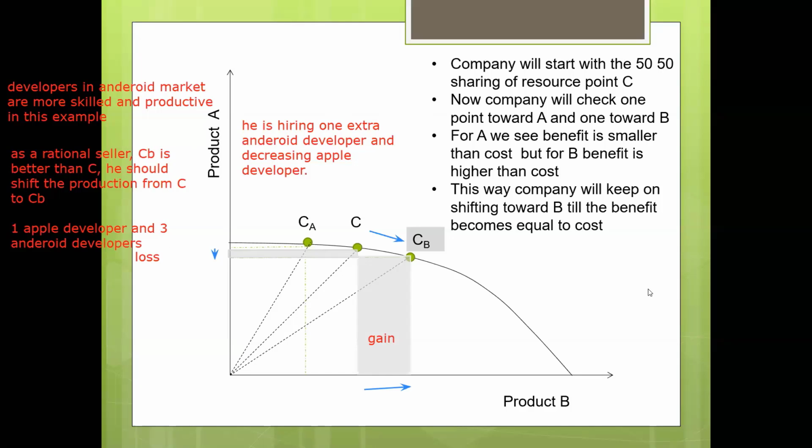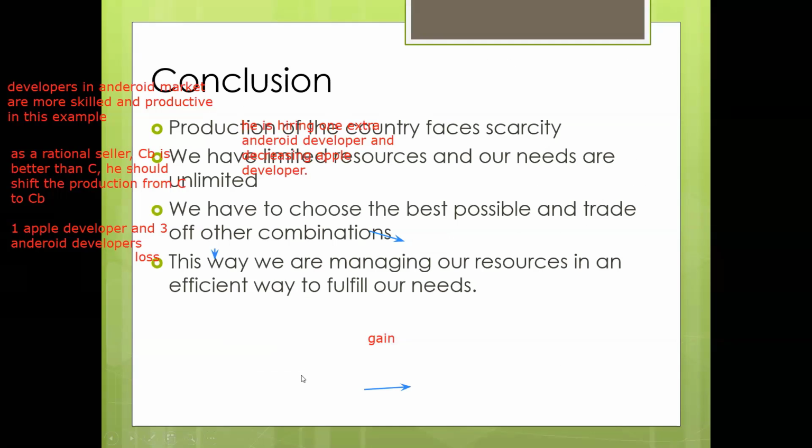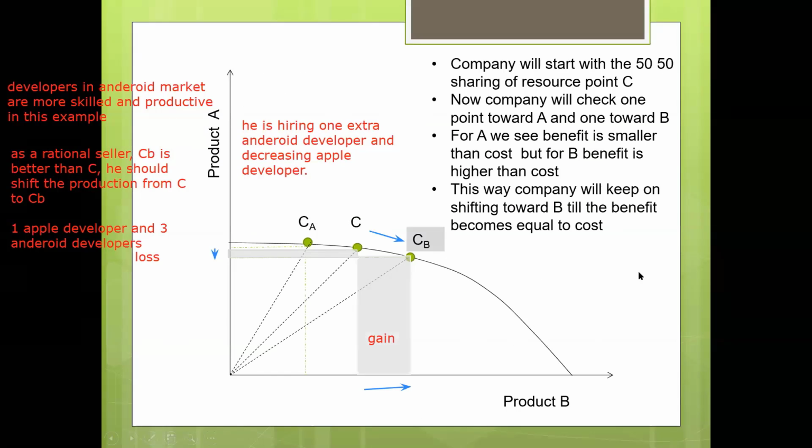So let's see what will happen. Let me go back first. This way you can find the optimal point. You can do this process again and again, shifting one more and then one more, until a point will come where the gain will be less than the loss.